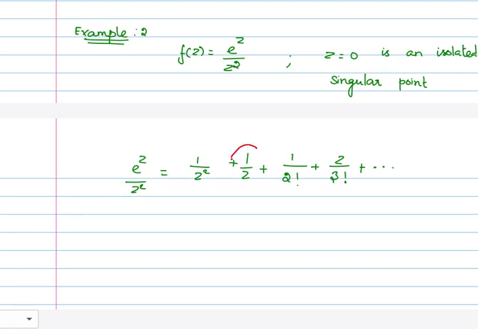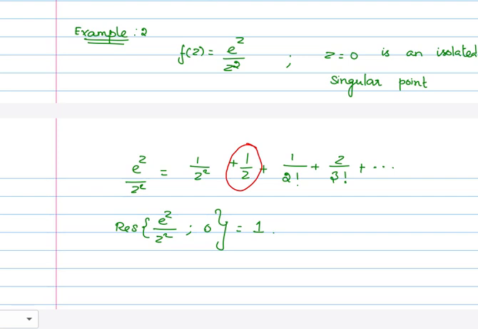This is my term, correct? So my residue of f of z, exponential of z divided by z square, at 0 is clearly 1.